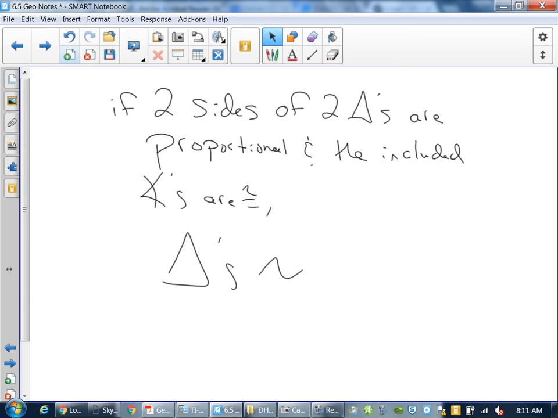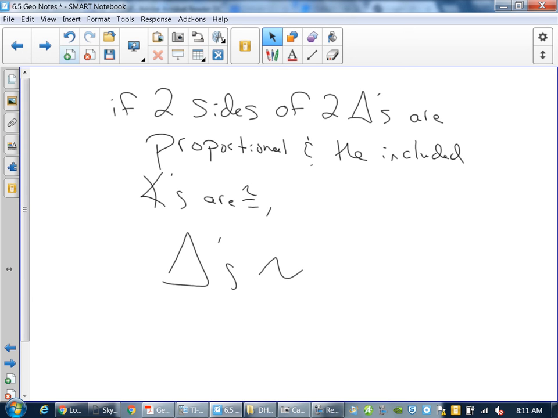The other version of this works out to be a version of side angle side, where instead of having to have all 3 sides proportional, in this case if you just have 2 sides that are proportional, and the angle between those 2 sides congruent, then it works. So this looks a lot like side angle side, but instead of the sides being congruent, the sides are proportional.